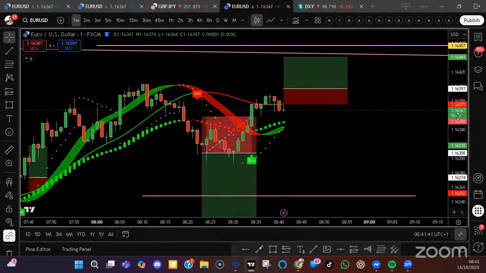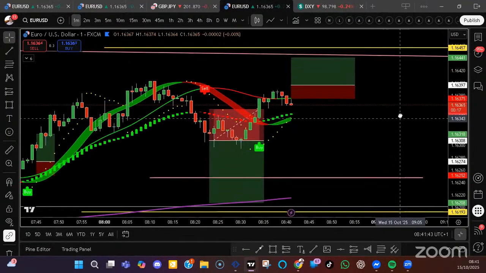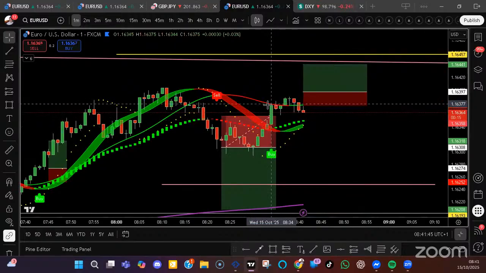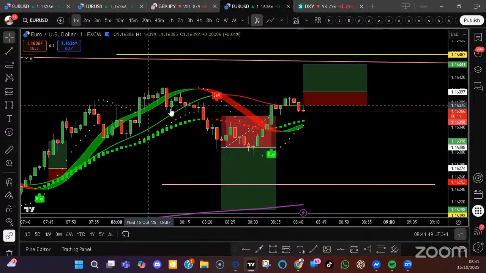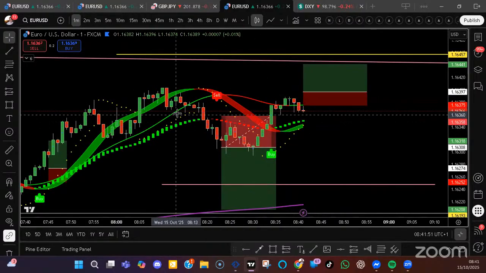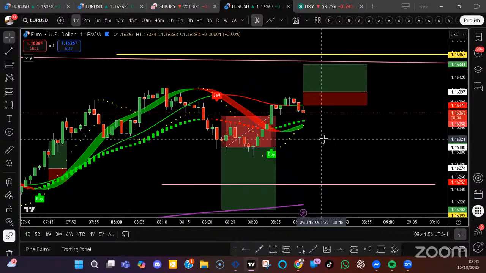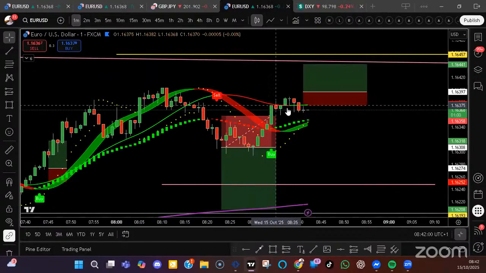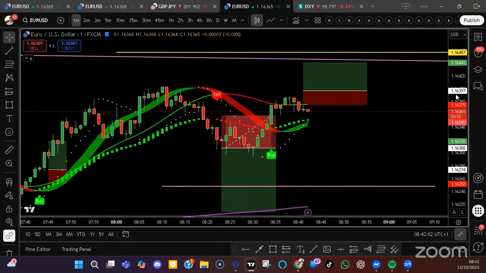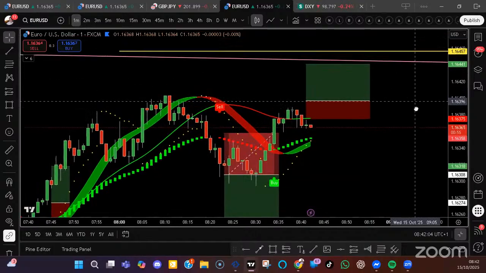I mean, are the banks on another what we call stop hunt? In other words, they're encouraging retail traders to put a buy or a sell, and then they'll just take their orders, their equity, and then just continue along this line. I think there's a lot of that going on.